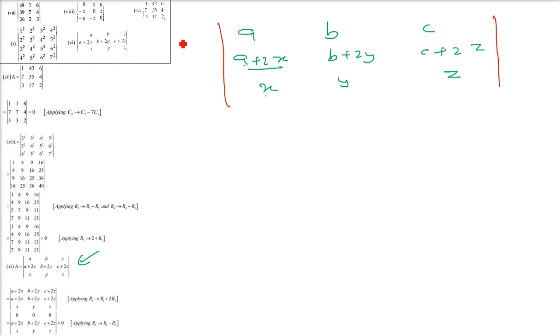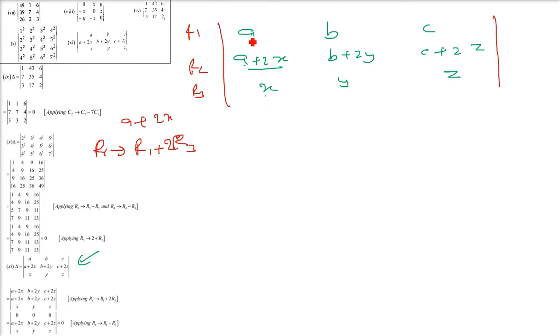Let me tell you what I'm trying to suggest. R1, R2, R3: row 3 we are multiplying by 2, that is, twice x has to be added to a. So we are changing R1 to R1 plus twice row 3.